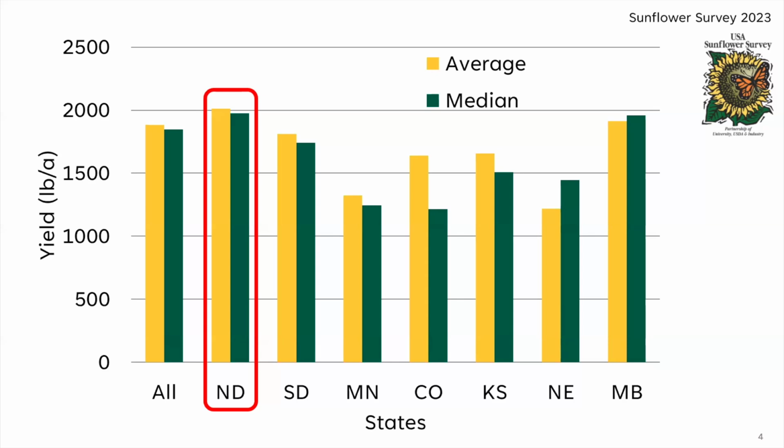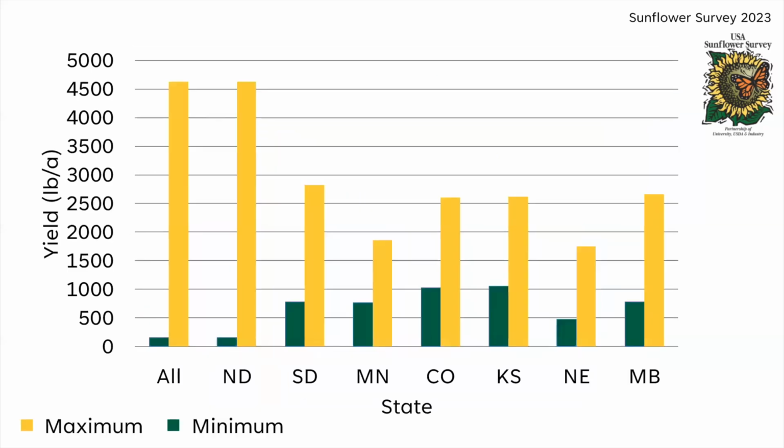There is so much going on, so much information behind that average that we are not showing. Again from the sunflower survey, now we are showing the maximum yield and the minimum yield attained in the different states, which shows the variation across the whole data set, across all the observations.